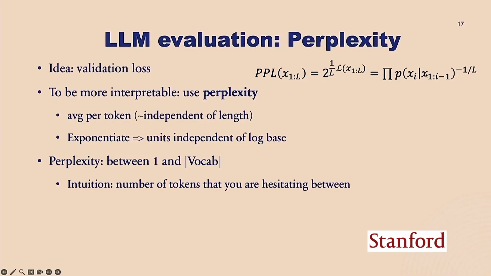If you really have no idea, you predict with 1 divided by the size of the vocabulary, and with simple math you get a perplexity of the vocabulary size. So the intuition of perplexity is that it's the number of tokens that your model is hesitating between. If your model is perfect, it doesn't hesitate, it knows exactly the word. If it really has no idea, then it hesitates between all of the vocabulary.